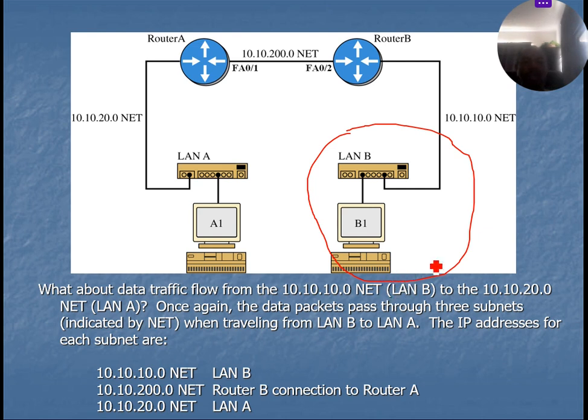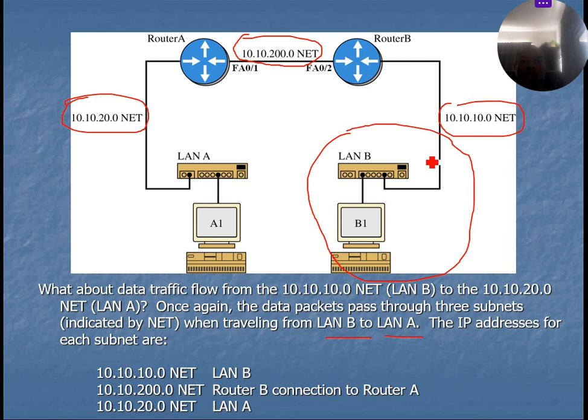The data packet passes through the three subnets as usual: this subnet, 10.10.10.0, then the route between the two routers, 10.10.200.0, then this subnet 10.10.20.0, till it finds the computer which hosts the destination. So it's going to travel from LAN B to LAN A.